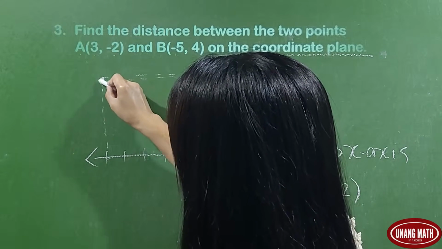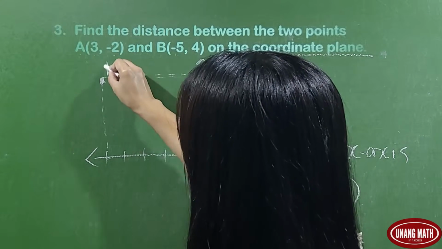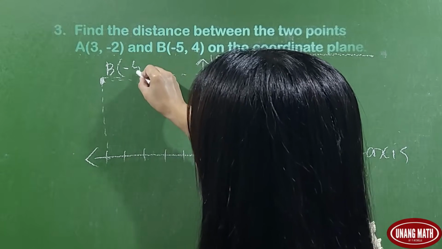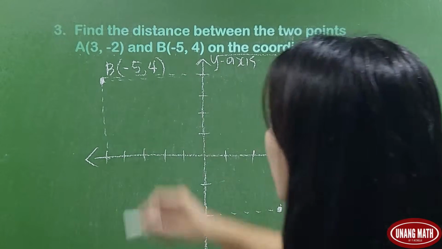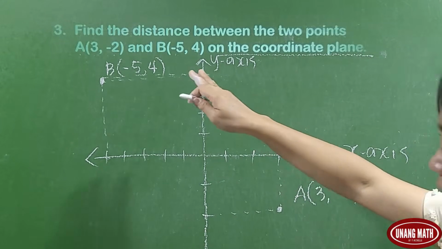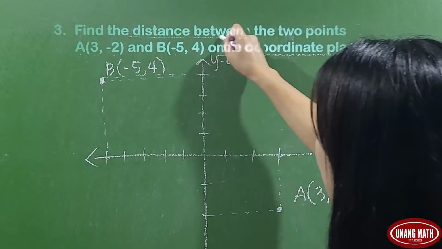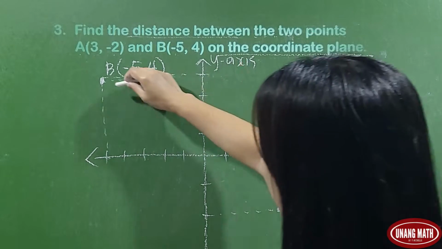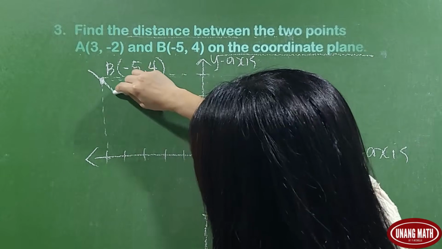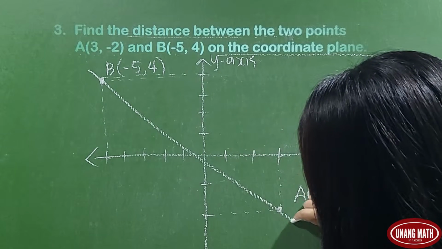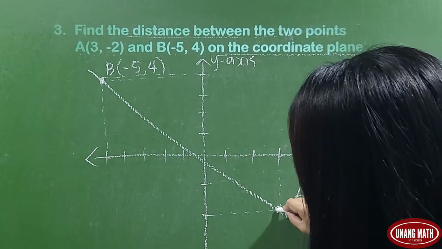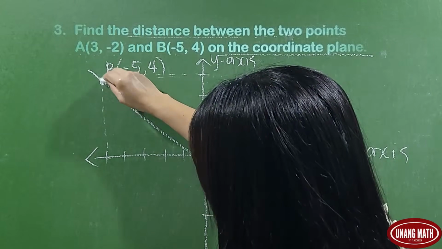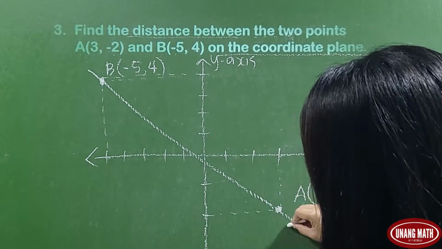So this is point B, (-5, 4). The question here is we will find the distance between the 2 points. So if we connect these 2 points, what would be the distance from this point to this point?